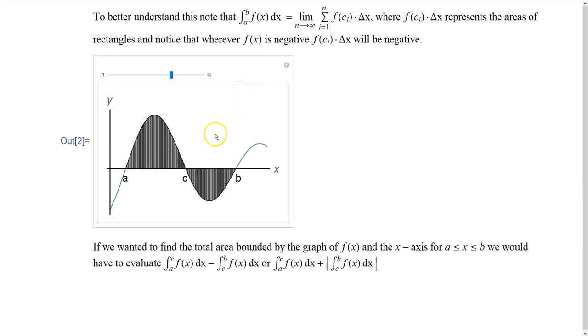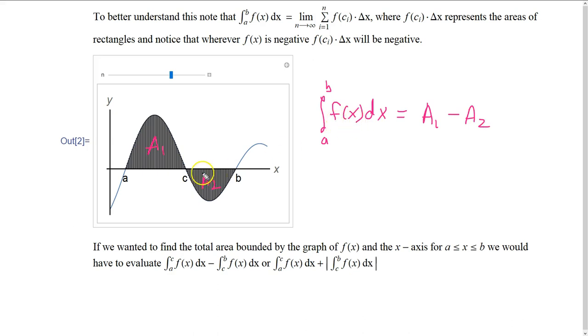So for this particular picture here, if we think of this as being area A1 and this as being area A2, the definite integral is the sum of the signed areas. So in this case, it would actually be A1 minus A2.